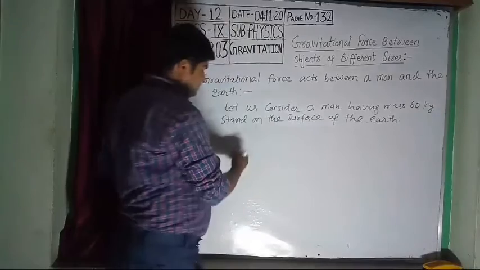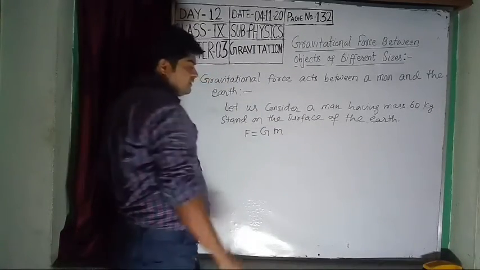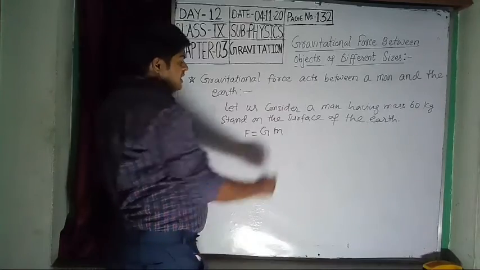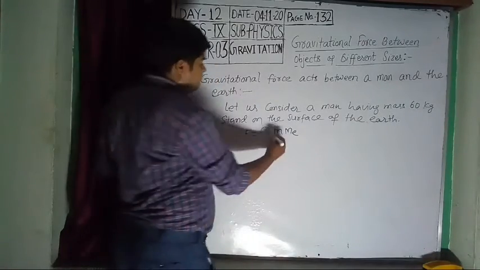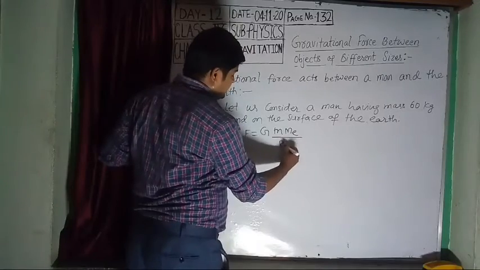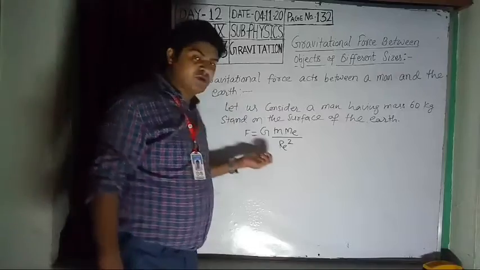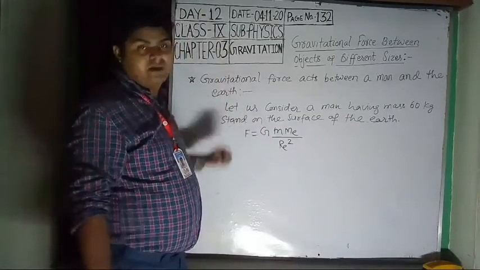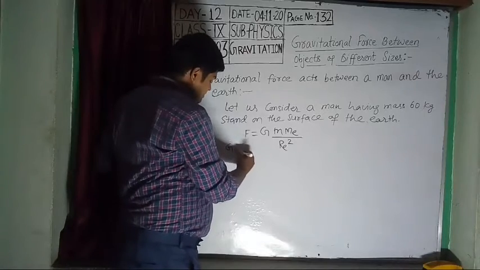Then you know that F is equal to G M ME by RE squared, where M is the mass of the man, ME is the mass of the earth, and RE is the radius of the earth. This is the same problem as the day 11 problem. Now select the data given.